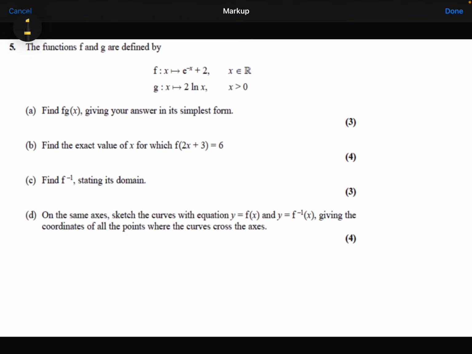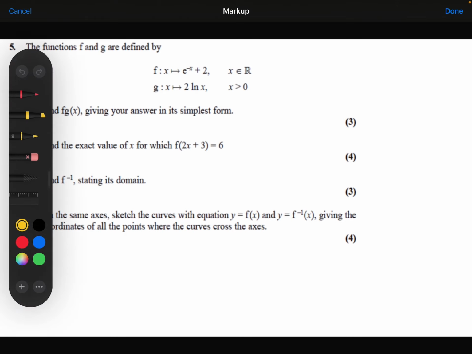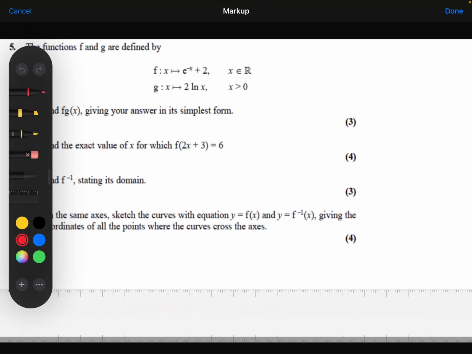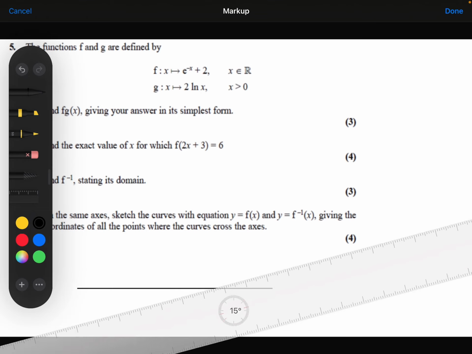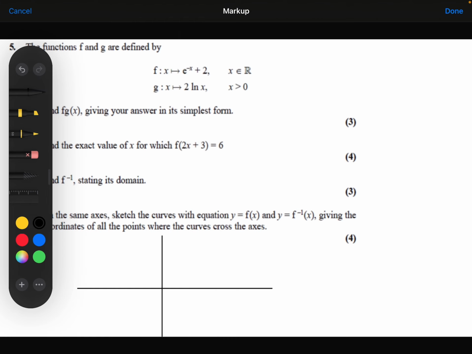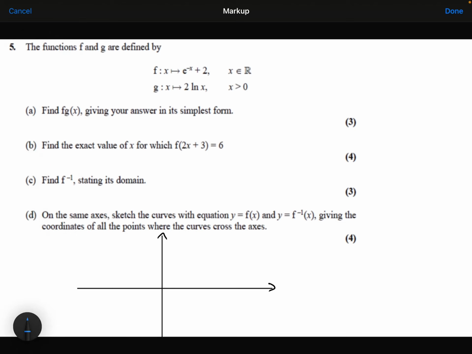Right, finally, part D. On the same set of axes, so let me draw a set of axes here. On these set of axes, I need to draw the graph of y equals f of x, which I just drew a moment ago actually, so let me draw that back in.